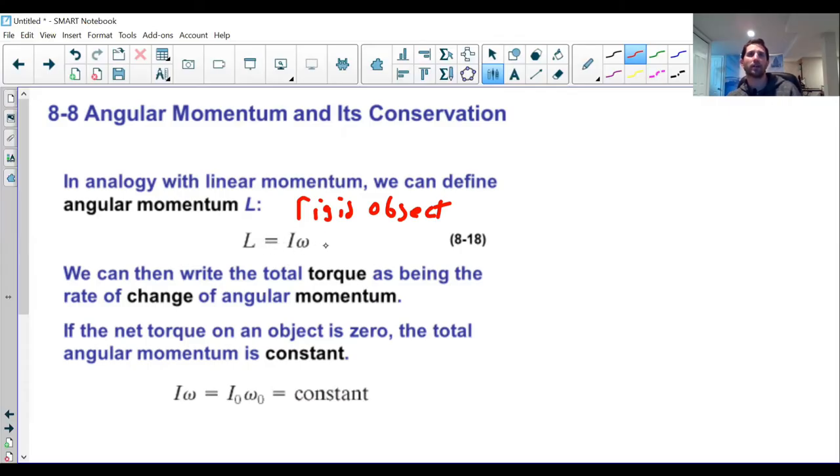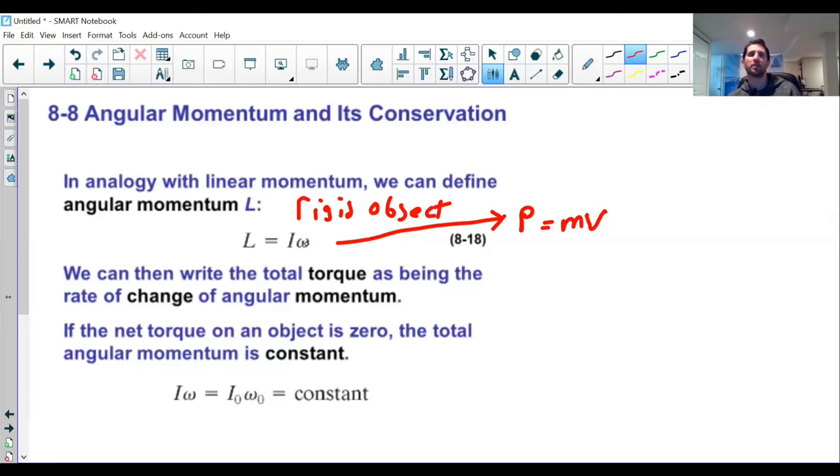So when you combine that all together, you're going to end up with this simple expression. Now, take a look at that. It looks very similar to the linear momentum expression. L is angular momentum. P is linear momentum. I is rotational inertia. M is mass, but think about what mass measures. It measures the inertia of an object.